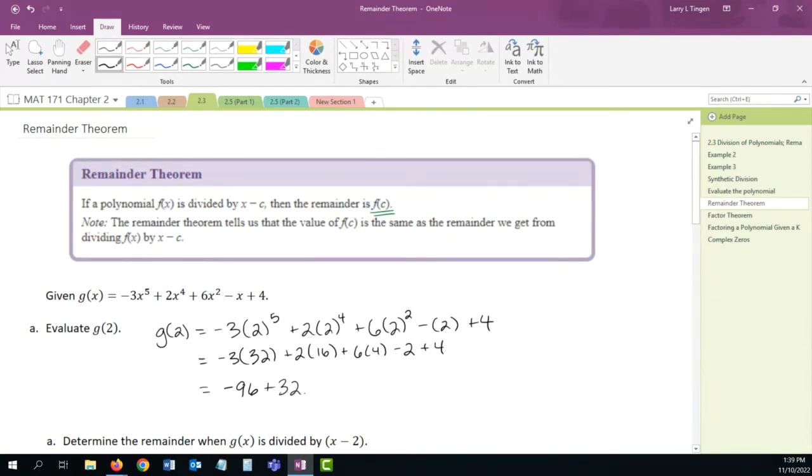Two times 16 is 32. 6 times 4, 24 minus 2 plus 4. I get -38.